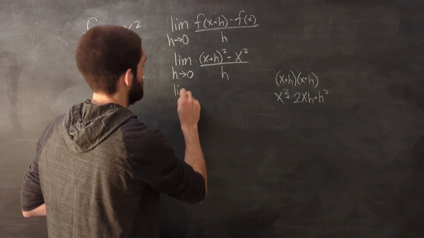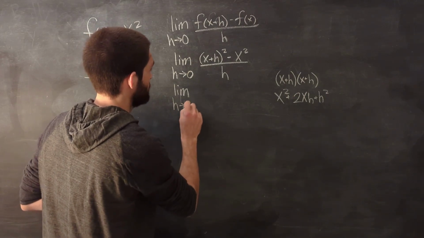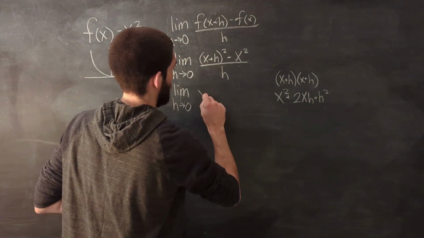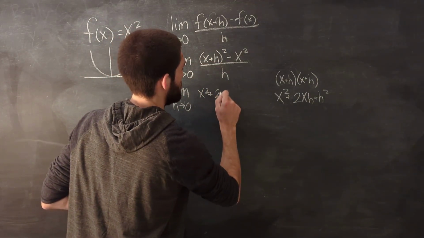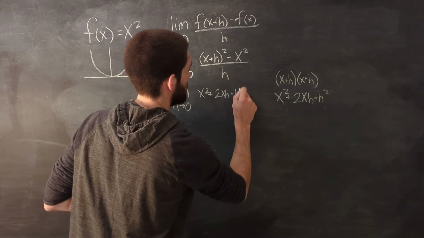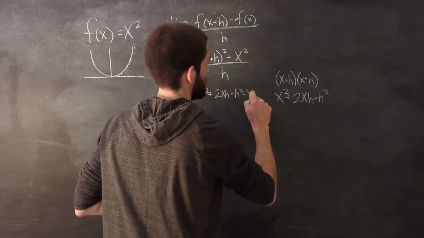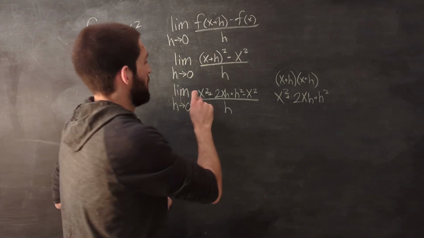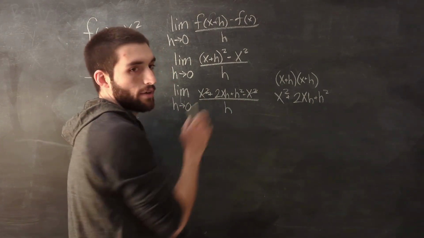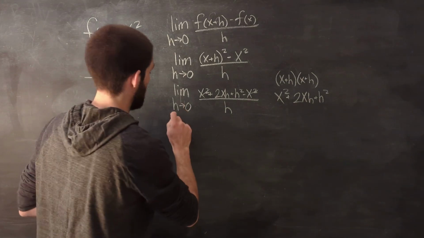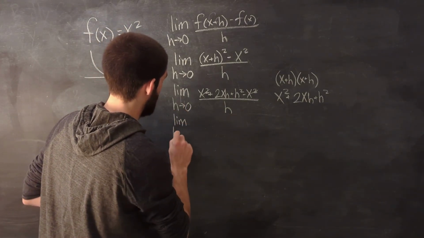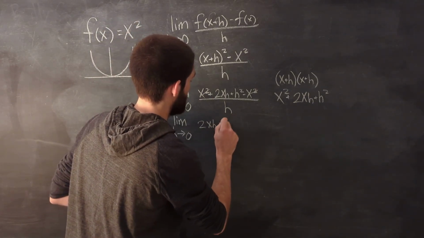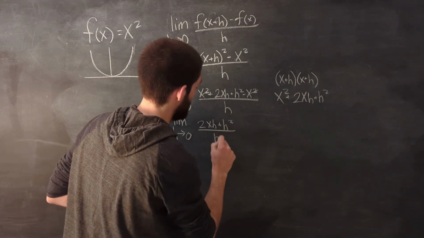So we have the limit as h approaches 0 of this whole thing minus x squared. So x squared plus 2xh plus h squared minus x squared, divided by h. The x squareds subtract right off of each other, so we're left with the limit as h approaches 0 of 2xh plus h squared divided by h.